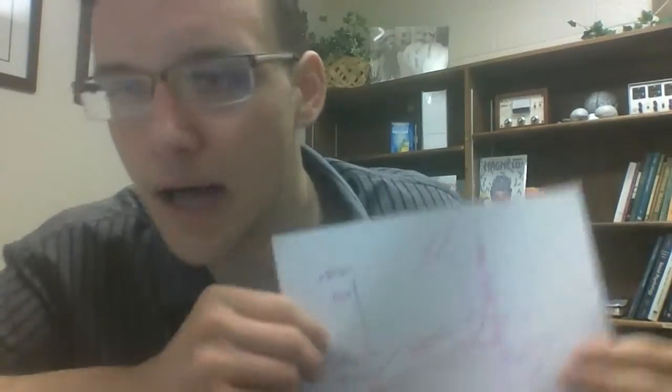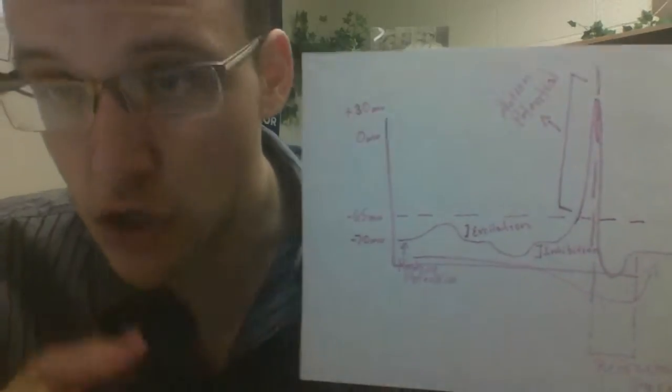So if I move from 100 to 50, or to 30, or to 10, or even to 0, I'm depolarizing. If I move from negative 100 to negative 50, or negative 30, or negative 10, or even to 0, I'm depolarizing. So, this is a plot of the charge of a neuron.